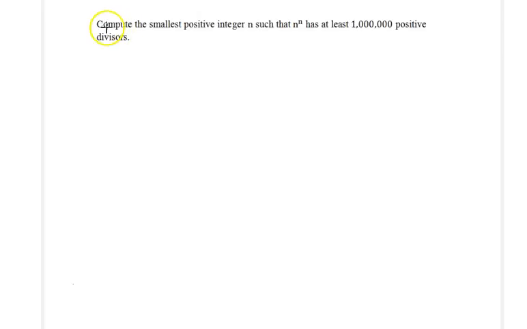We would basically like to compute the smallest positive integer n such that n to the power n has at least 1 million positive divisors. So let's assume without loss of generality that n has k distinct prime divisors, p1 through pk, with exponents a1 through ak, and here obviously we are claiming that a_i is greater than or equal to 1 for all i.